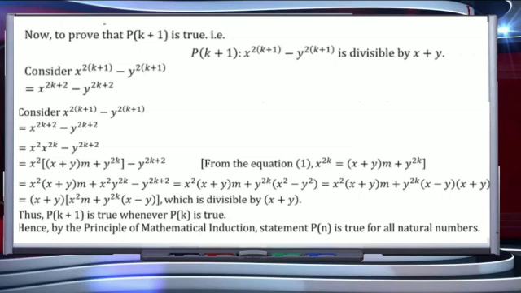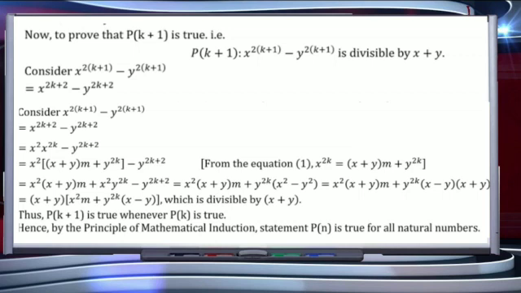When we multiply 2 within the bracket, we get x^(2k+2) - y^(2k+2).